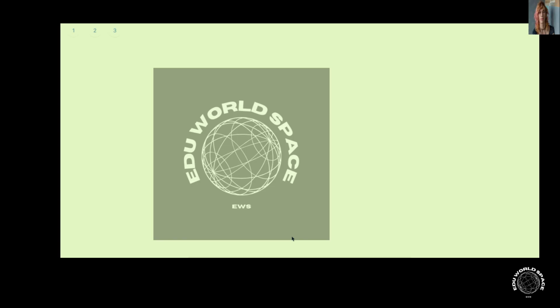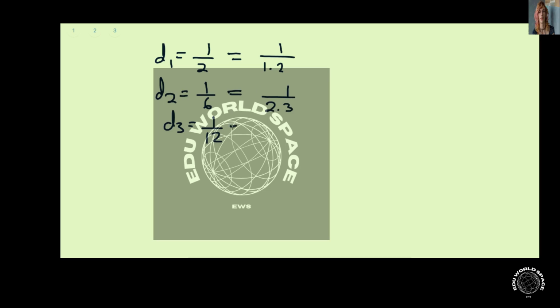So let's go on to the next page, and let's just observe the values that we've already found. Here it looks like if we had to guess a pattern, 1 over 2, we could write that as 1 times 2. 6, we can write that as 2 times 3. 12, 3 times 4.